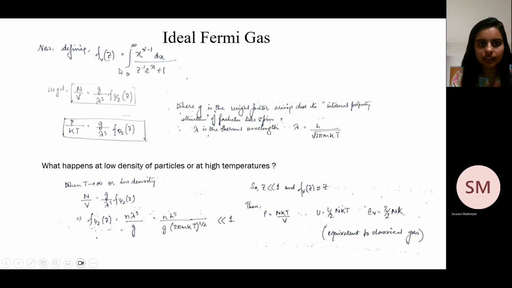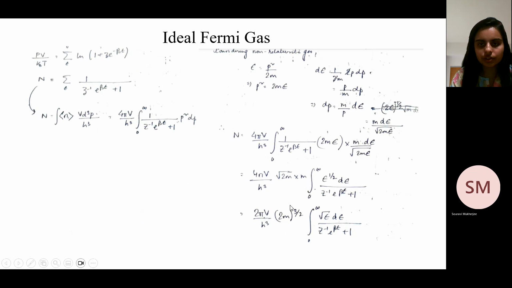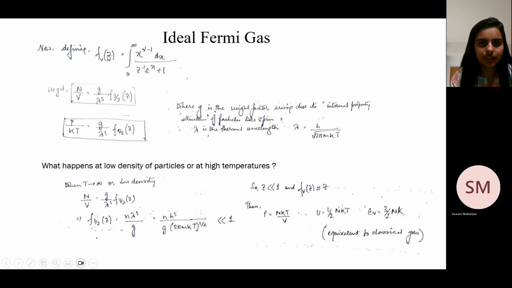Whatever integral you're getting here, you can consider this to be a function, which is called the Fermi-Dirac function, and then you can use it to express the number of particles per unit volume or the pressure of your system, right? So here, g is the weight factor that arises due to the internal property or structure of the particles like spin. And then this is how your different thermodynamic variables look.